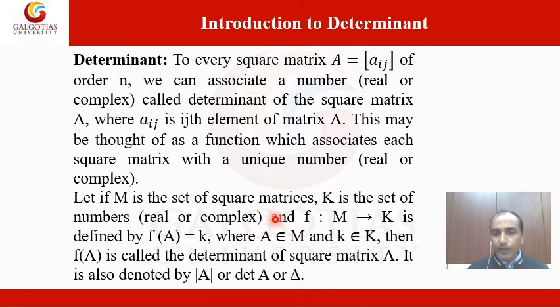Then we can define a function from M to K as f of A equal to k, where k is a unique number from the set of numbers, that is capital K. This f(A) is called the determinant of matrix A from the set capital M, and it is denoted by determinant of A, or the triangle symbol, or written inside two vertical lines.